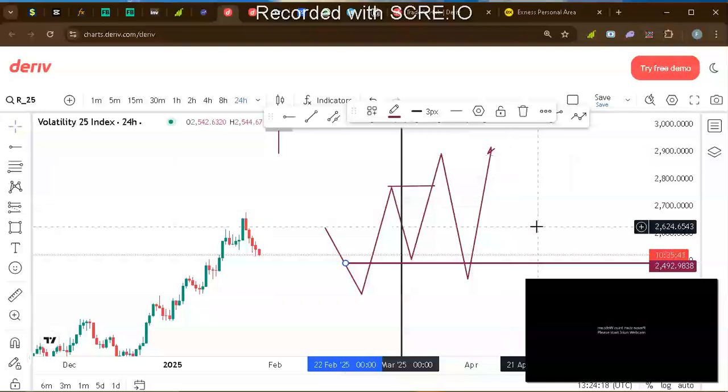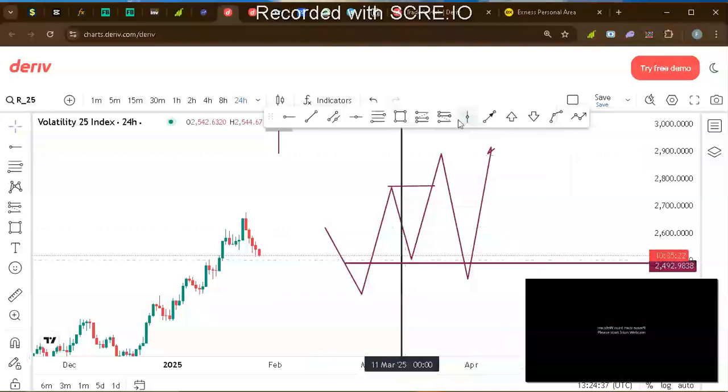The market pulled back to the daily time frame, then broke the daily time frame here, and the market pulled back to this level, and then pushed all the way up, giving you a break of market structure. The daily time frame hasn't ended yet.